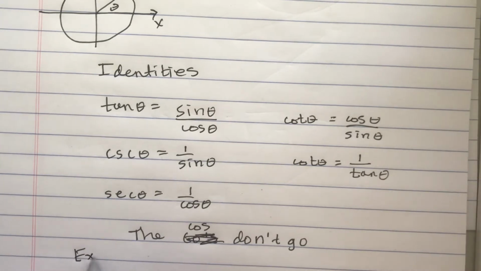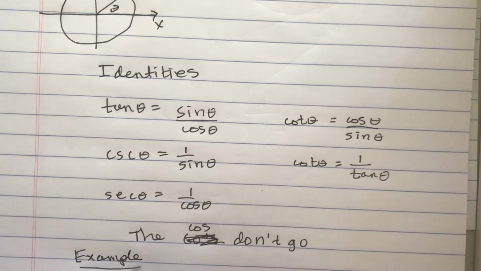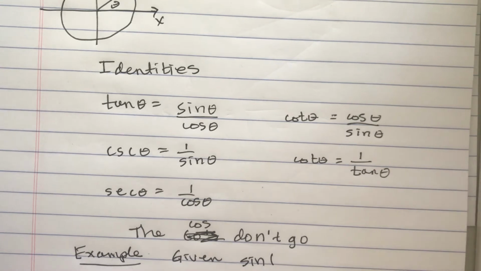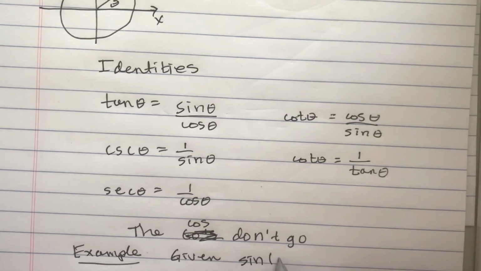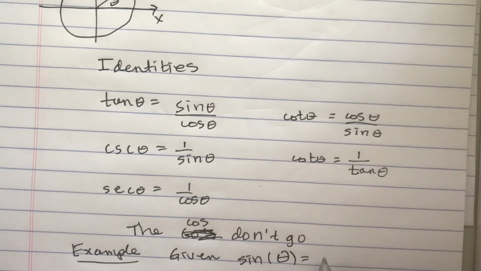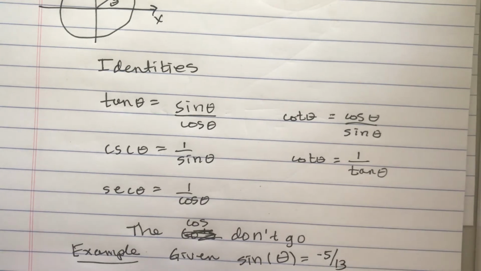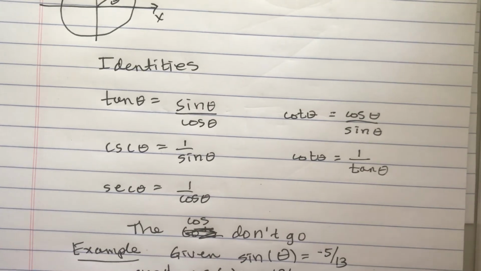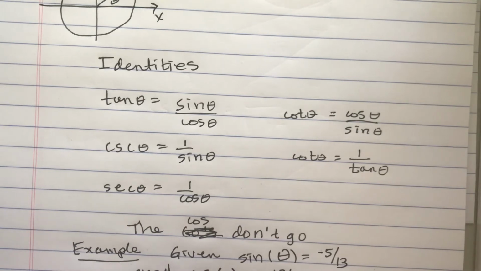So, for example, given sine of theta equals negative 5 over 13, and cosine theta equals negative 12 over 13, find tangent theta.